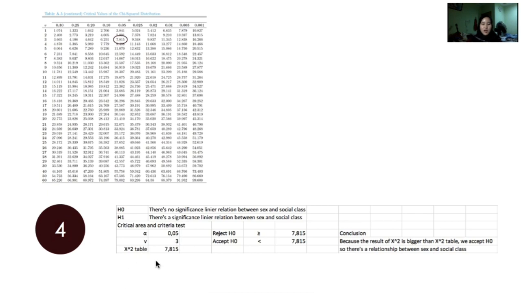Then for the x squared table, we got this result from the table. Because alpha is 0.05 and v is 3, this is the result, 7.815. If we got a result bigger than this, we have to reject H0, and if we got less than this, we have to accept H0.